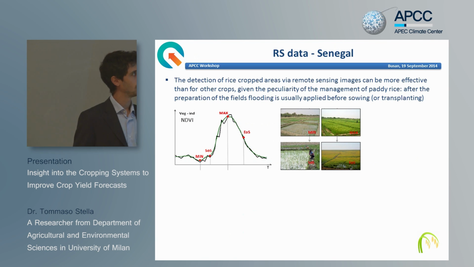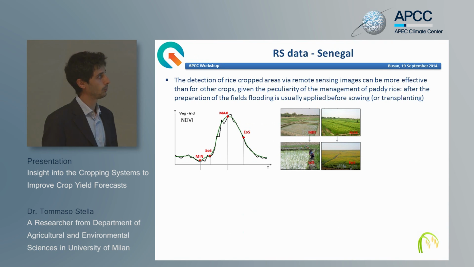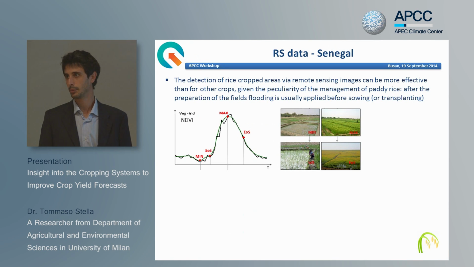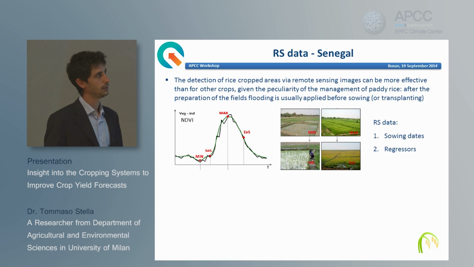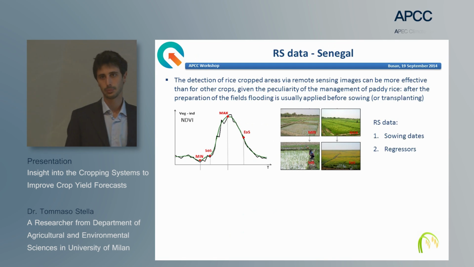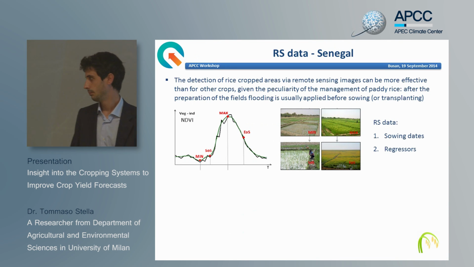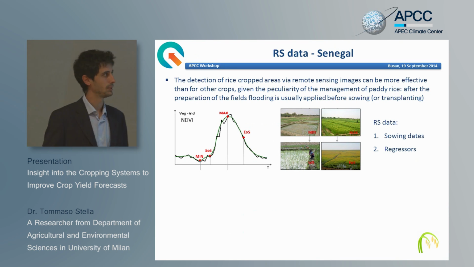And so it gives a particular spectral profile, and you can more precisely identify, for example, the sowing or the transplanting period. And you can feed your models with that sowing dates or transplanting dates, which are in some way measured from remote sensing.